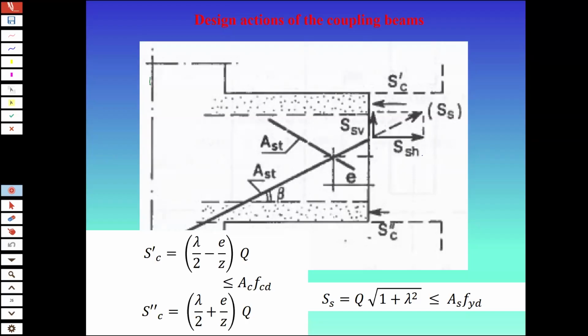And see, these equations here also tell us another thing. The Q force, which is the force which has to pass through the coupling beams, as we have said, increases from the top to the bottom. So this also means that the amount of diagonal reinforcement that we have to put there also will increase from top to bottom.